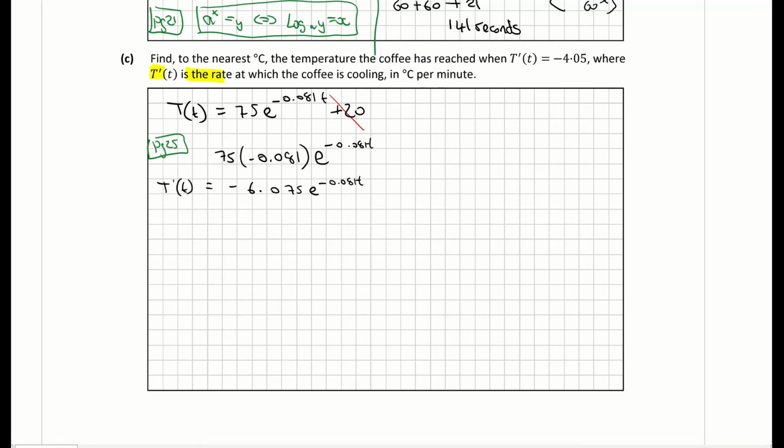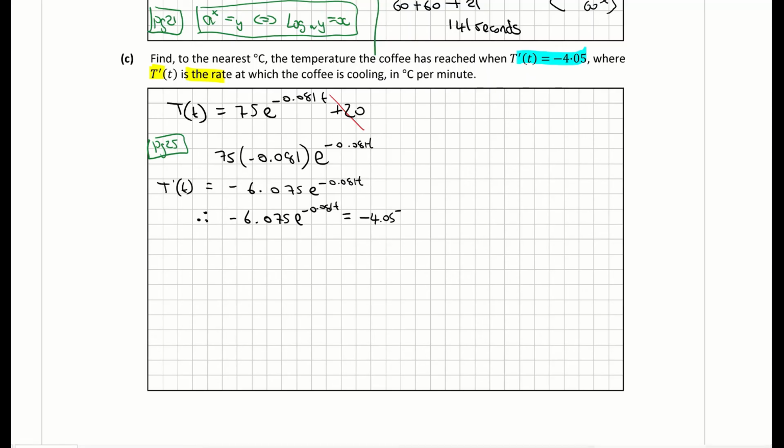And it's telling us in the question that my derivative is equal to minus 4.05. So therefore, minus 6.075e to the power of minus 0.081t is equal to minus 4.05. And I now need to solve that. So I'm going to divide across. Again, the aim of the game here is to solve for t, the time.